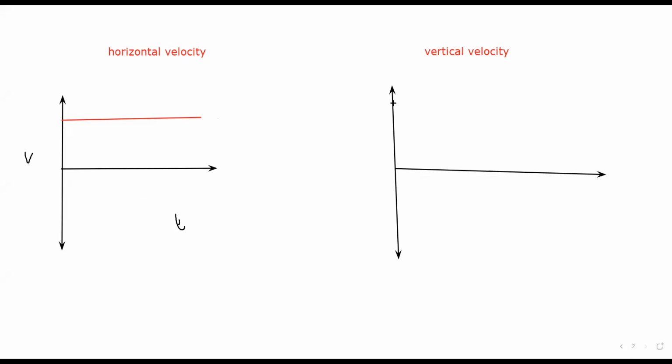Because the acceleration is constant, the slope will be constant. So it started with the maximum, then it starts to decrease. At maximum height it is 0, and then it will be in the opposite direction. So we will have positive velocity and negative velocity. This is the velocity-time graph for vertical, and this was the velocity-time graph for horizontal.